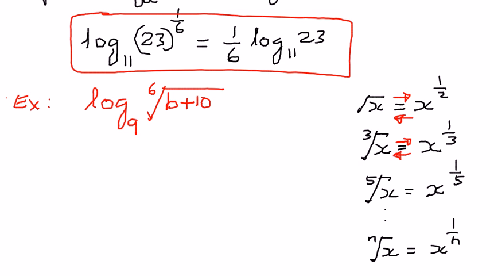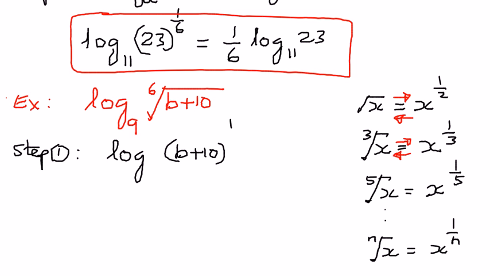Sixth root of b plus 10, we can write it as an exponent as follows. We'll write that as step number 1. We can write this one as log b plus 10 to the power of 1 over 6, very similar to what we've been explaining on this side working area here, and then to the base 9, like that.